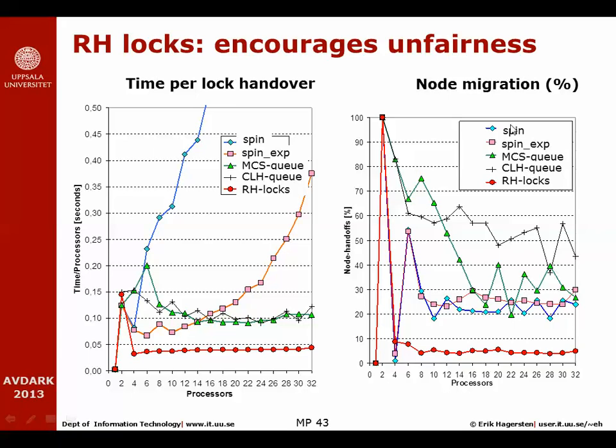An interesting point here is that the spin lock, even though it wasn't designed to be unfair, just because Murphy has been involved, turns out to be the most unfair at this point right here. And that's why its performance is actually quite good at this point. For 4 processors, it just happens that all the latencies of handing over and transactions work out in its favor. Even though it wasn't designed to be so, it's very unfair, and that helps its performance.